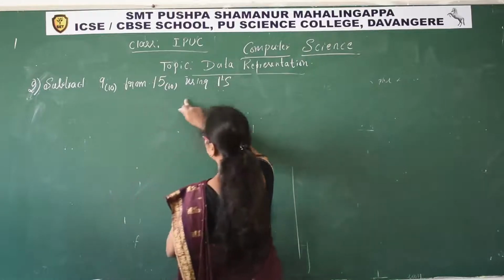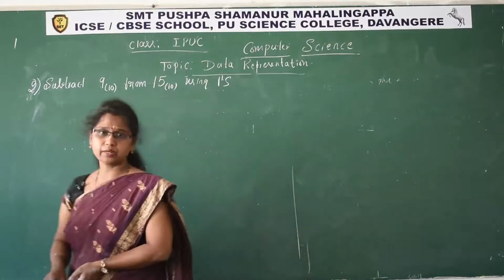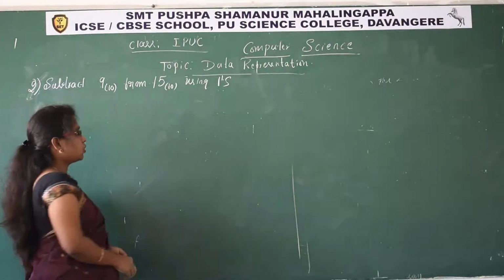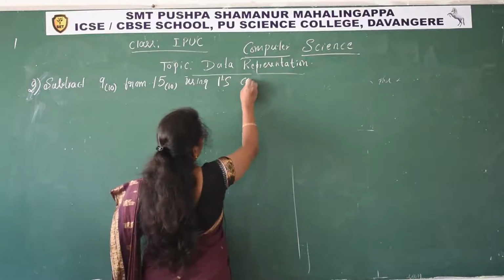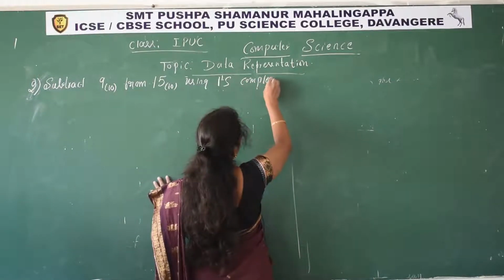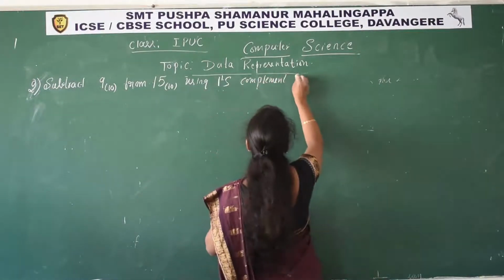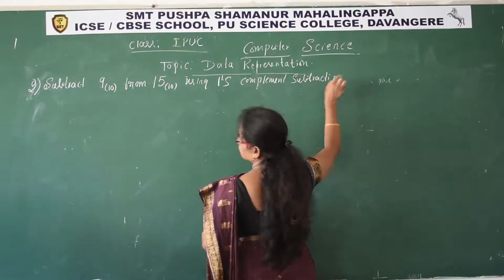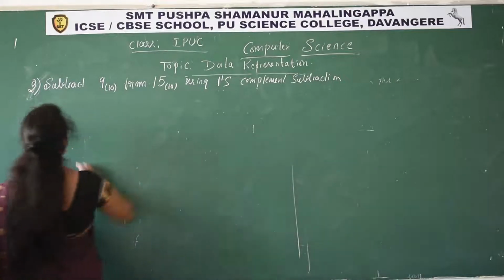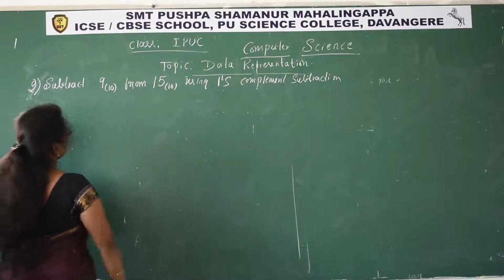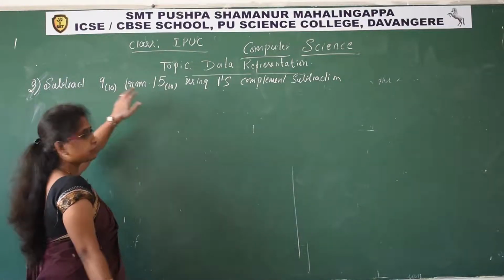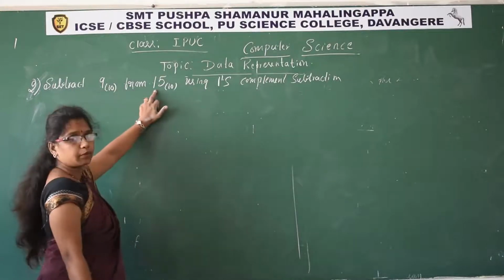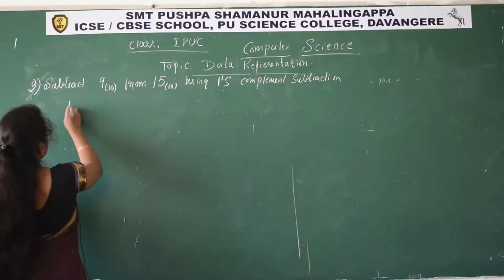You have to be very careful while doing subtraction. Sometimes they ask for the binary subtraction method, sometimes the ones complement method. First we have to convert into binary numbers. From which number to which number do I subtract? From 15 to 9. 15 is the minuend and 9 is the subtrahend.